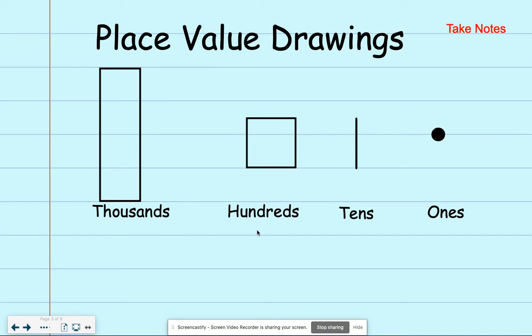Each of these are 10 times bigger than the one behind it. So ones are your smallest, tens are 10 times bigger, hundreds are 10 times bigger than that, and thousands are 10 times bigger than the hundreds. Again, this would be a good time to pause the video if you don't have these drawings down. Resume it when you have the pictures.